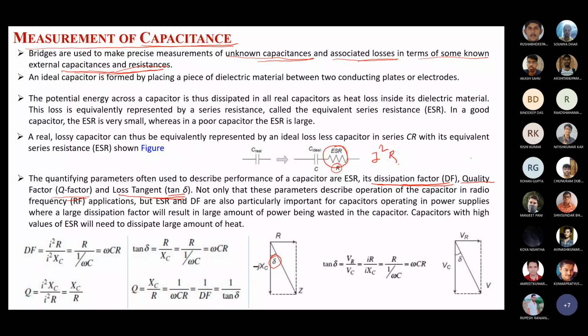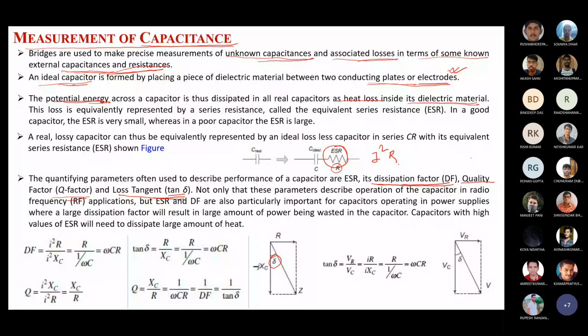For that capacitance, an ideal capacitor has a piece of dielectric material between two conducting plates, also known as electrodes. The potential energy across the capacitor is dissipated in all real capacitors as heat loss inside the dielectric materials.